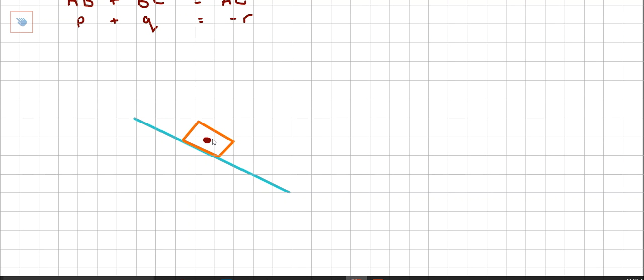We have a centre of gravity, so gravity is applying a direction straight down. The slope applies a force perpendicular to its surface, and there is a kinetic friction force going this way.